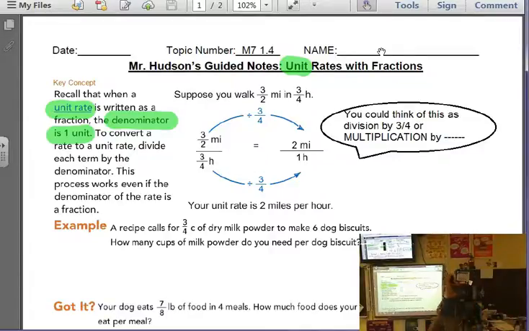The biggest thing here is do whatever you have to make your denominator 1. What we should have done to turn 3/4 into 1, cross out this division, that's dumb. Multiply by the reciprocal.